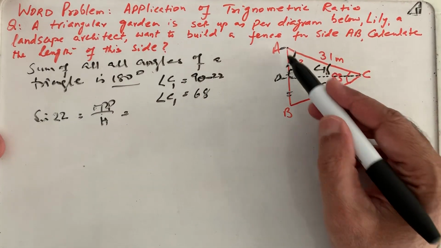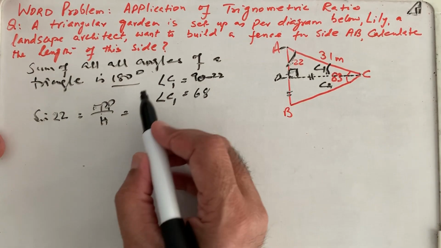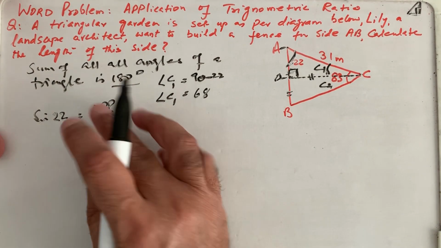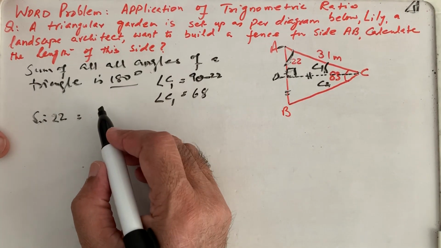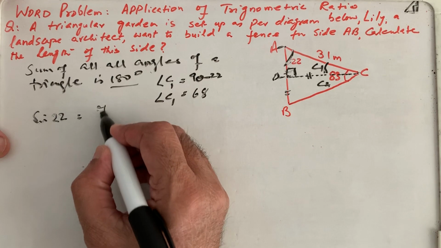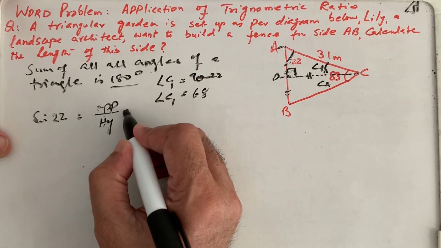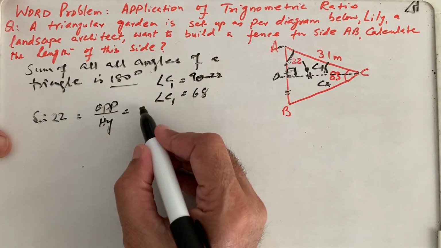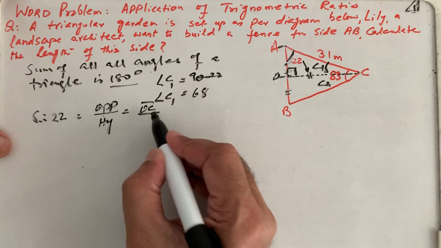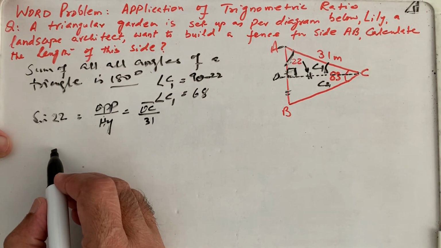If I take sine 22, this is my perpendicular, right? Sine is opposite over hypotenuse. And what is my opposite for sine? The opposite side, this is OC. So I will write OC divided by hypotenuse. Hypotenuse is known, 31. So I will calculate OC.